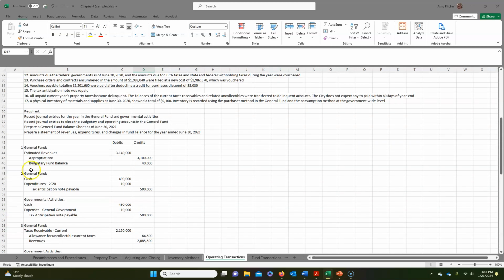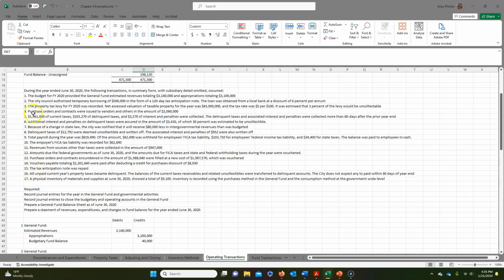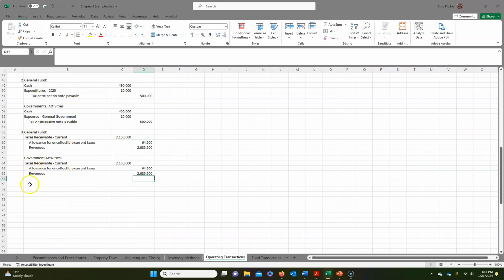Number 4, purchase orders and contracts were issued to vendors and others in the amount of $2,060,000. So we created vouchers.